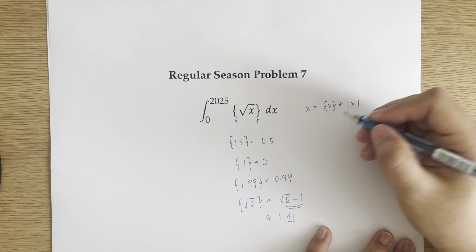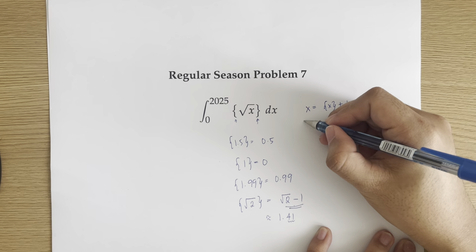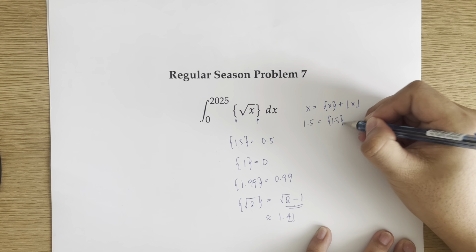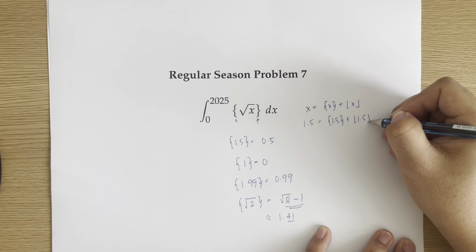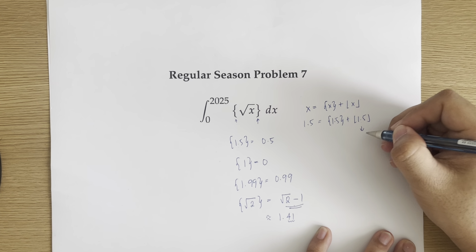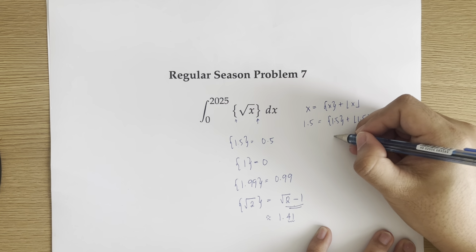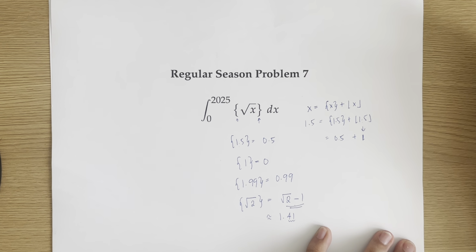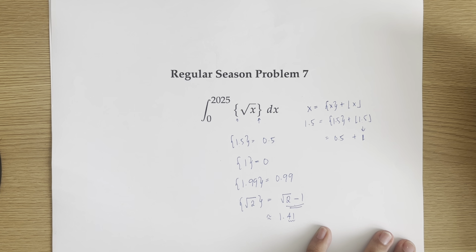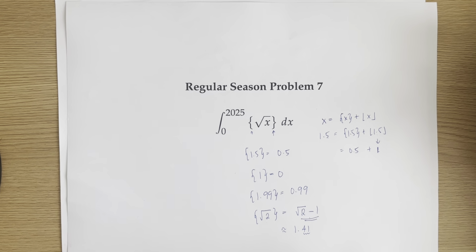Basically, this is just splitting the number, for example, 1.5 as this one. The floor of 1.5 is 1, and then the fractional part is 0.5. So we can rewrite 1.5 as 0.5 plus 1. You get it?